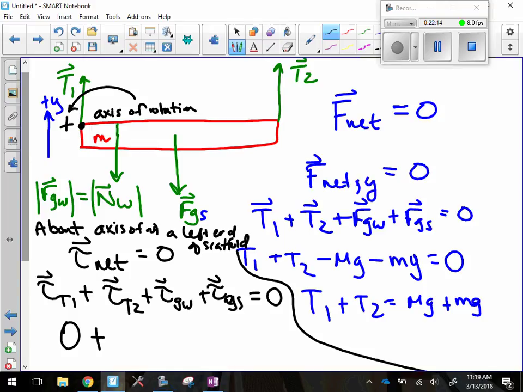So T2, again, the force goes this way. It's going to pull my board in the positive direction. How about the torque due to the gravitational force on the washer? I'm going to pull it this way, right? Which is going to be negative. And how about the torque due to the gravitational force on the scaffolding? Negative.